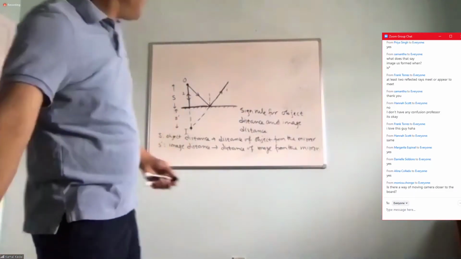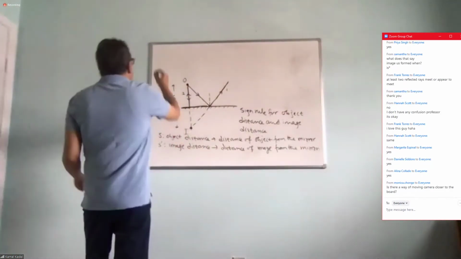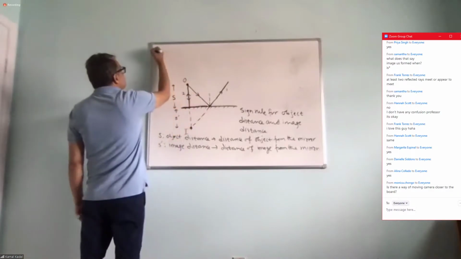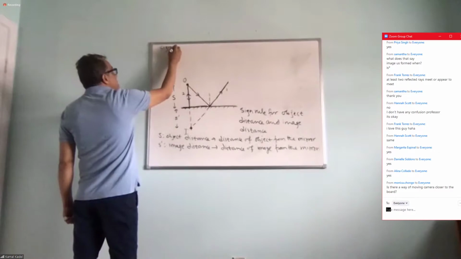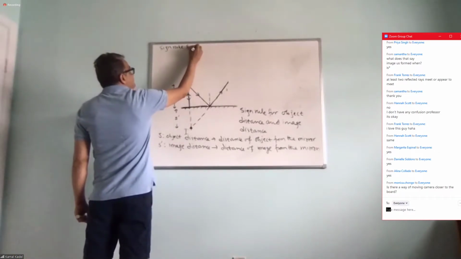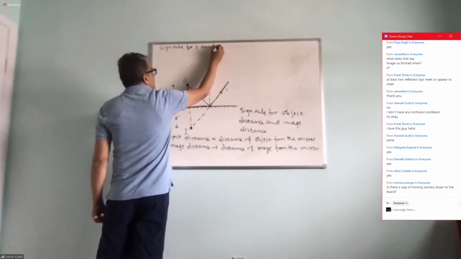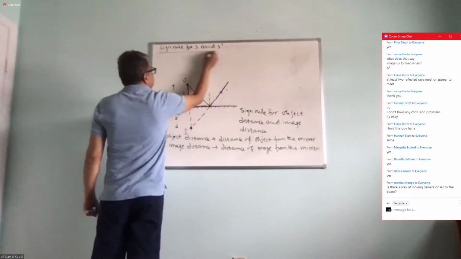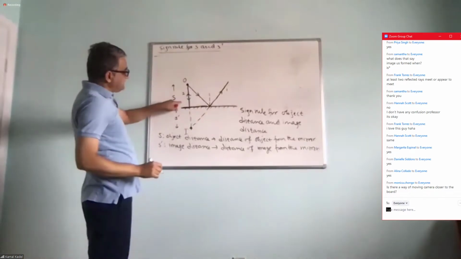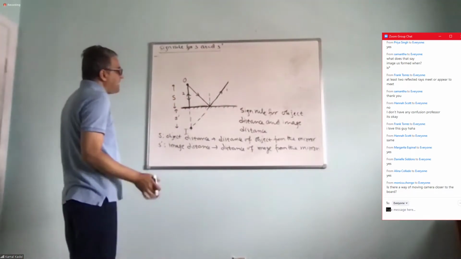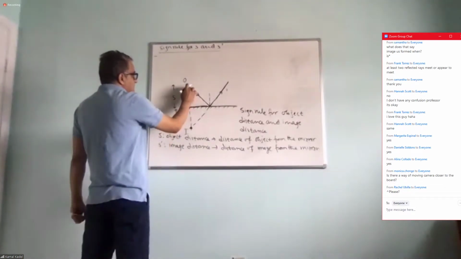Look, this is the sign rule, for S and S prime. So first is for S. S is usually positive, but still I need to explain.